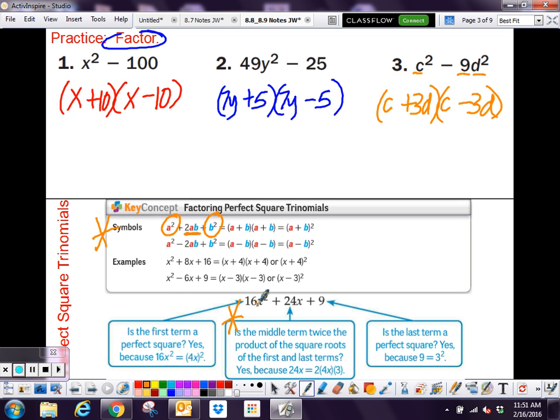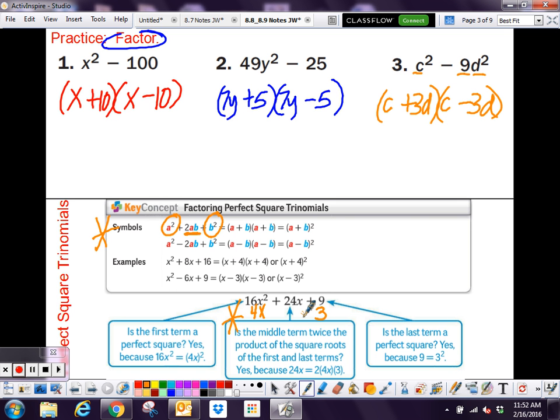My square root of my first term would be 4x. My square root of my last term would be 3. If I multiply those, I get 12x. If I double that, it is 24x. So this would be called a perfect square trinomial.